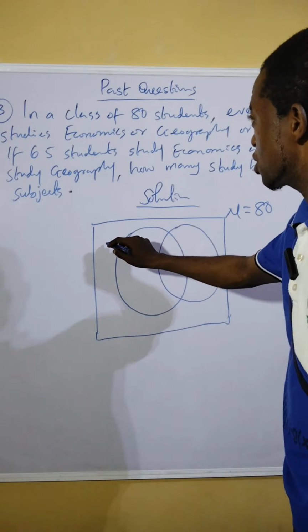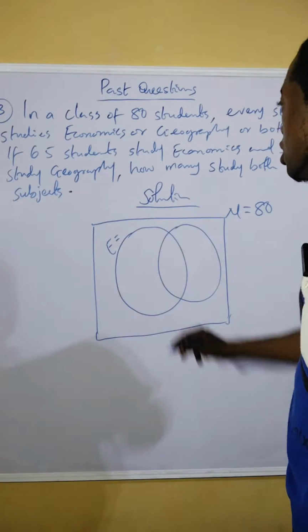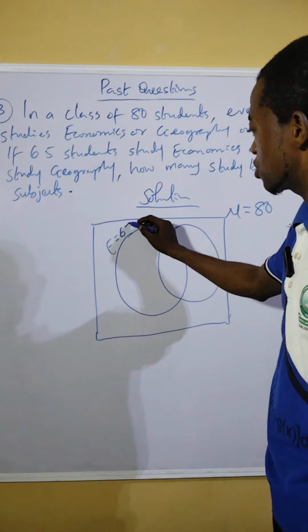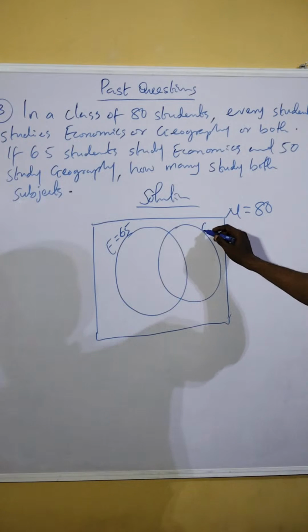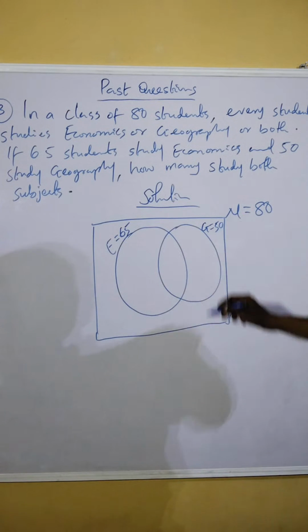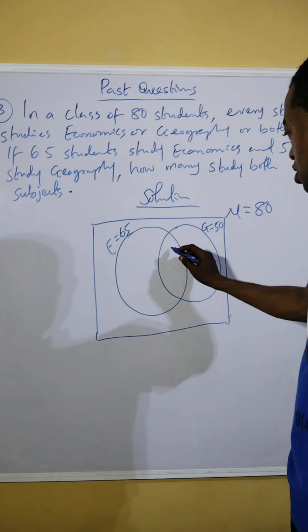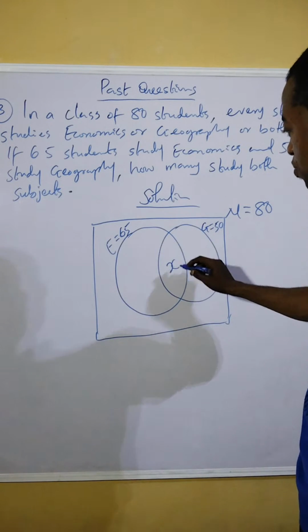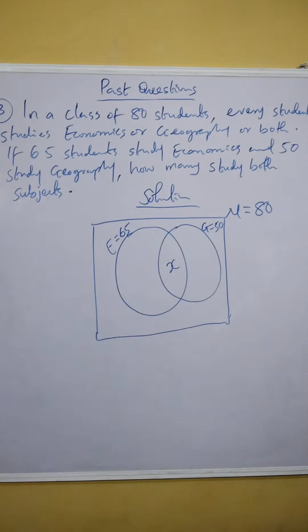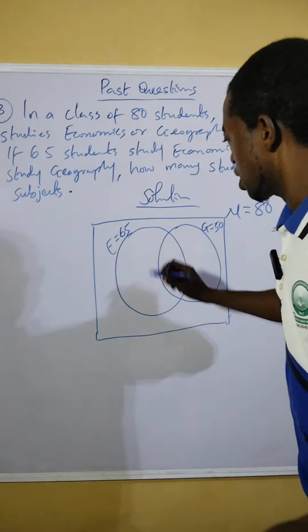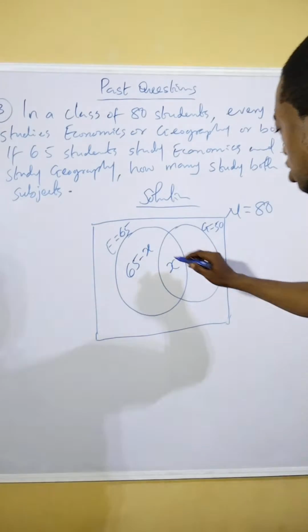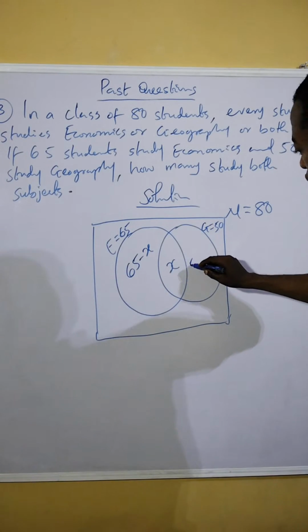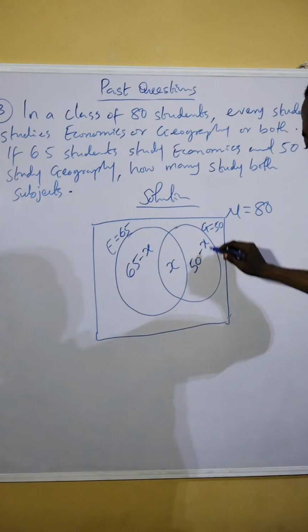First we have economics, 65 for economics, then next we have geography and 50 study geography. Now for both subjects is this region. Let x represent those that study both, which implies those that study economics only will be 65 minus x. Those that study geography only will be 50 minus x.